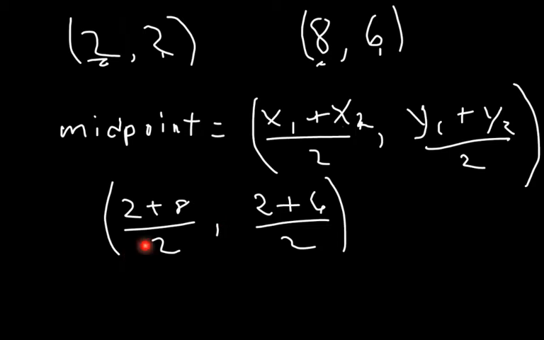We separate with a comma because we're really finding a coordinate pair, the x, y coordinate that gives us the midpoint. When we do the arithmetic, 2 plus 8 is 10, divided by 2 is 5. And 2 plus 6 is 8, divided by 2 is 4. So the coordinates are (5, 4).